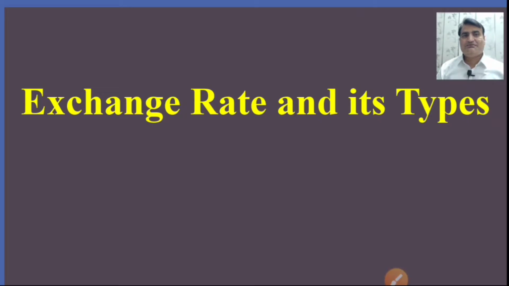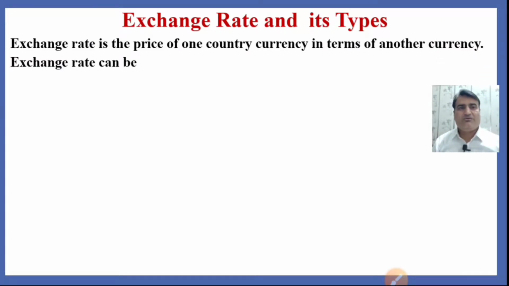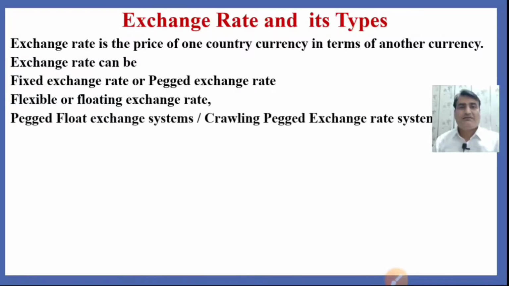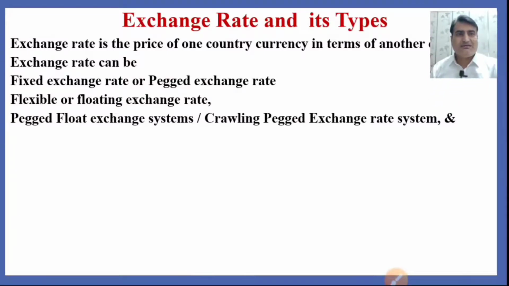So in this lecture, we shall discuss what is exchange rate and its types. Exchange rate is the price of one country's currency in terms of another currency. Exchange rate can be fixed or pegged, flexible or floating. It can be a pegged float or crawling pegged exchange rate system.